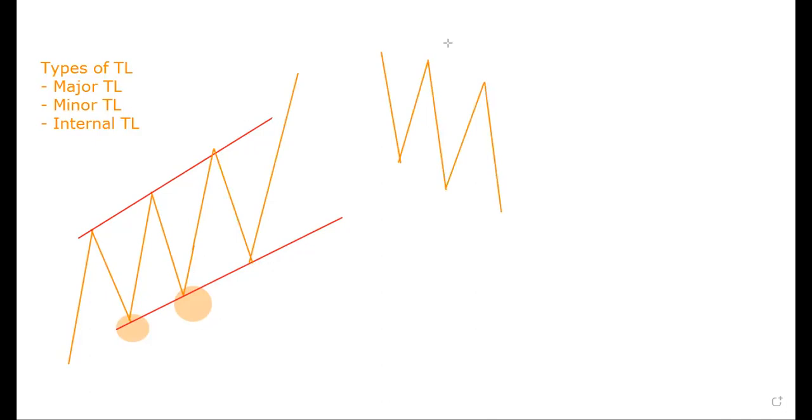The more times a trend line is touched, the weaker it becomes. So you want to look for a trend line that has been touched maximum 3 times, majorly 2 times. So let's go into the chart and see a further example.